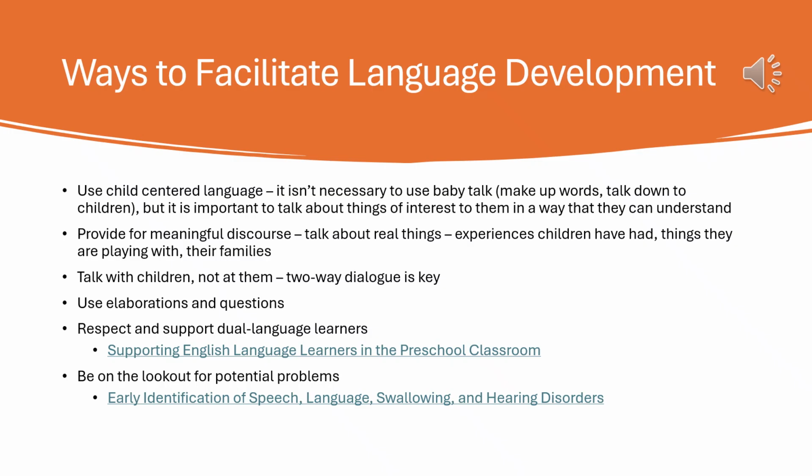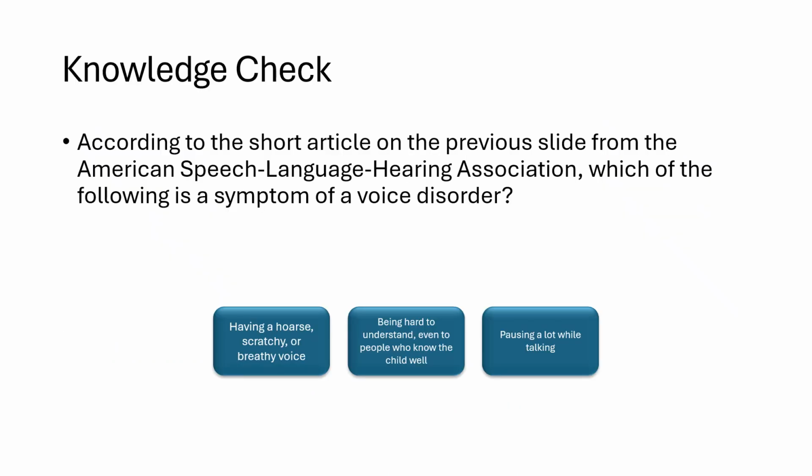So if you find that a child seems to be having either receptive or expressive language or speech problems, it's probably a good idea to refer them to either a speech or hearing specialist to make sure that they get those potential language issues or challenges resolved early so that it doesn't interfere with language development down the line.